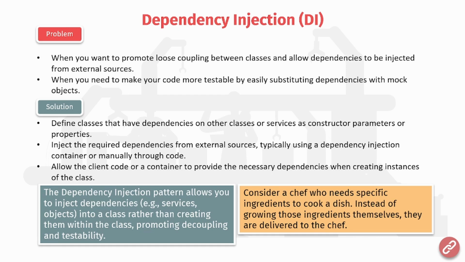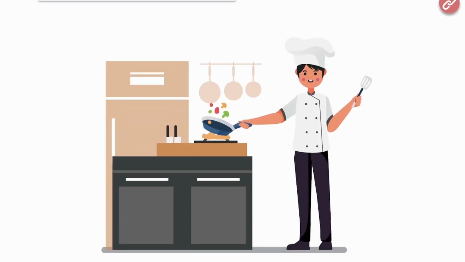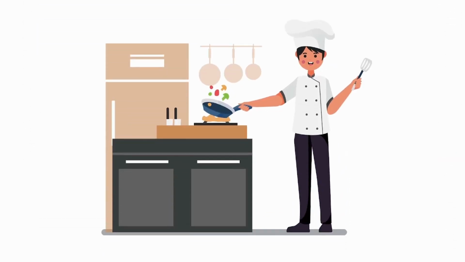He doesn't know where these ingredients are grown, what fertilizers are being used to grow these plants, or where these plants are from. The chef does not need to know that. The chef just gets the ingredients and he'll create whatever dish we ask them to prepare, right? So that is a real world example for this.